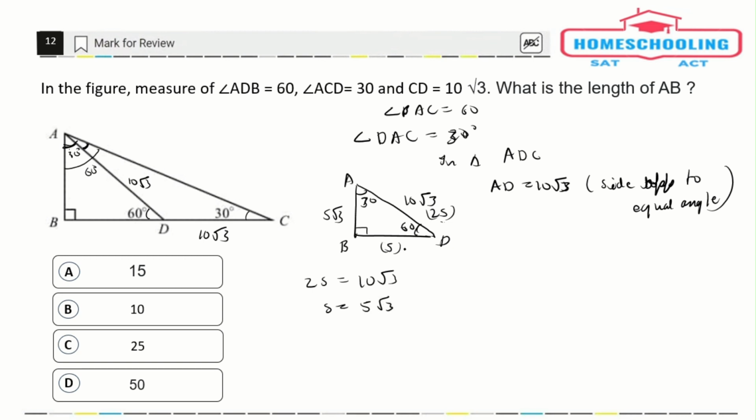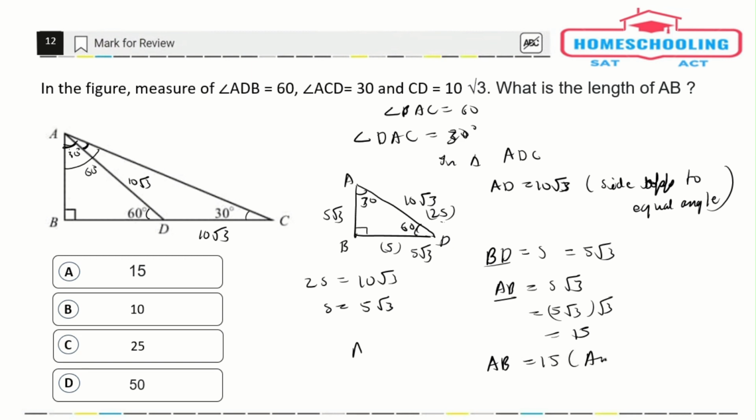So we can say that BD is equal to S, that is 5 under root 3, and AB is equal to S under root 3. So 5 under root 3 times root 3, that would be 15. So BD is 5 under root 3, AB is 15. So we have to find the length of AB. So AB is equal to 15. This is your answer.